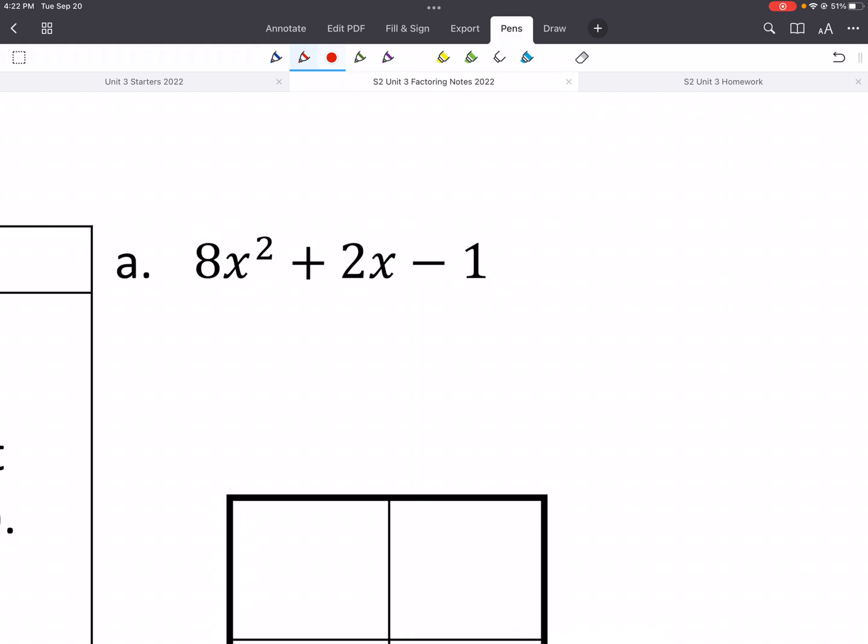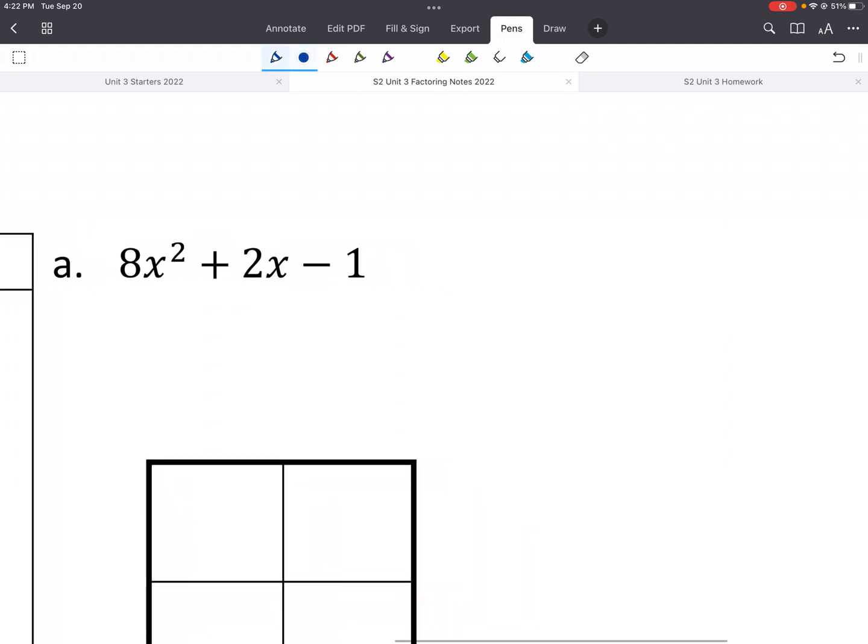So when we're factoring, and this is the tricky part, we multiply the first and last term. That ends up giving us negative 8x squared.